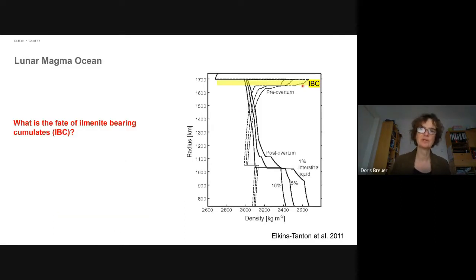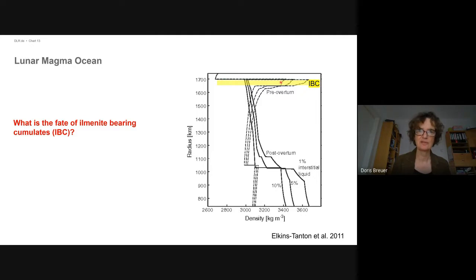Another issue about the magma ocean: I've mentioned already the titanium-rich basalts, or the variation of that, and it is assumed that they come from the so-called IBC layer because it is enriched in titanium. The question is, what is the fate of this IBC layer?